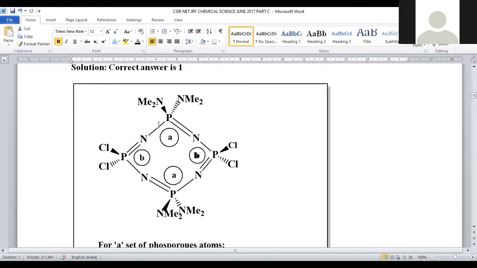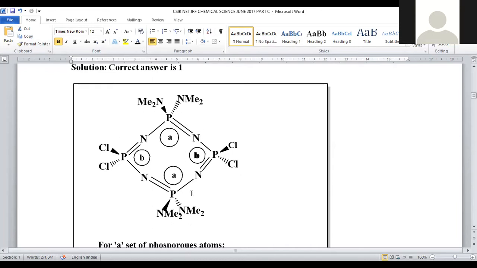If we see the structure of the compound, each phosphorus is associated with 2 functional groups. These two phosphorus atoms contain 2 secondary amine NMe2 functional groups, and these two phosphorus atoms are associated with 2 chloro functional groups. Hence, we can segregate the entire 4 phosphorus atoms into 2 sets.